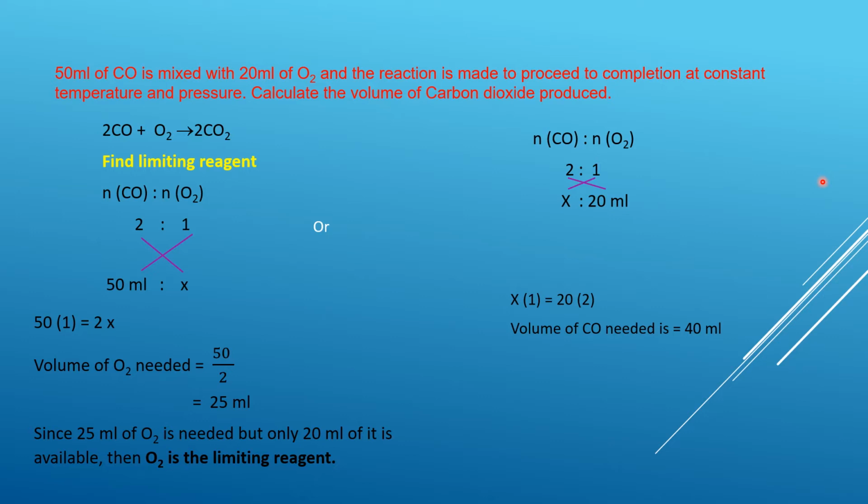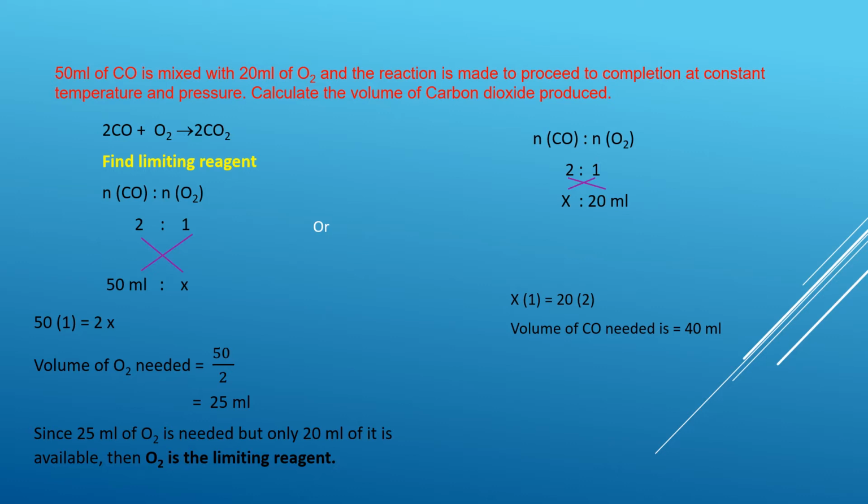That basically means that if 20 ml of oxygen is required, then we will need 40 ml of carbon monoxide. But how much carbon monoxide is given in the equation? In the reaction, we have 50 ml of carbon monoxide. So what does it tell you about the reaction and the quantity of the chemicals involved in it?